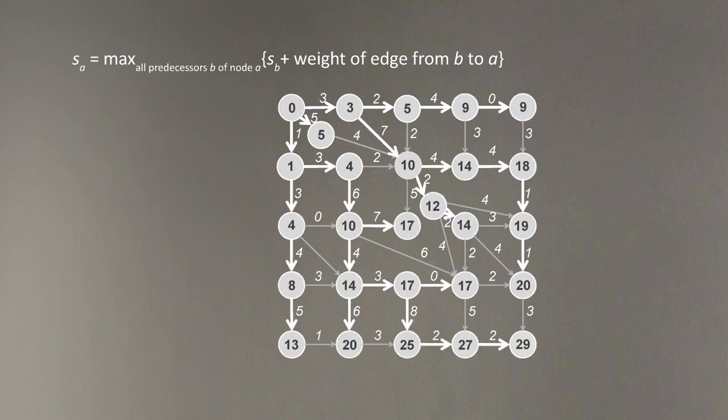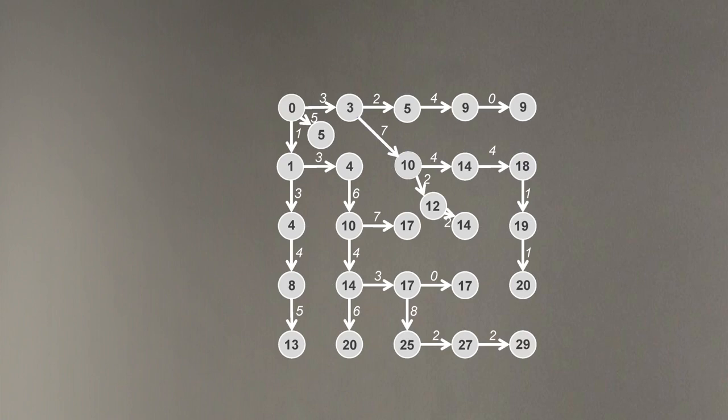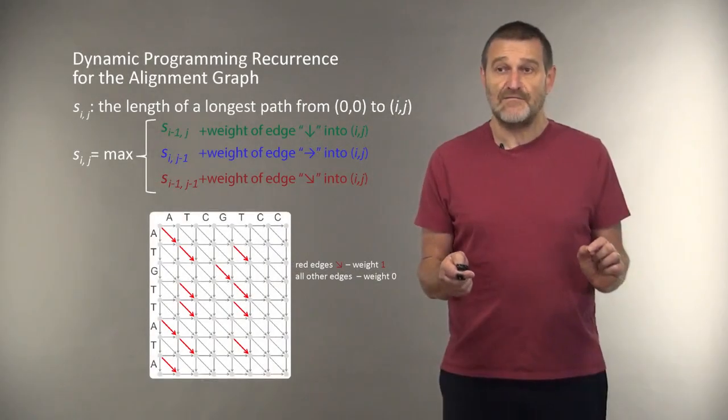We continue doing this, and in the end we will construct this graph with every node marked by the length of the longest path, and we will learn that the length of the longest path from the source to the sink is 29. And as before, we of course preserved the backtracking pointers, and that's why we will know how to move back in this graph and find the optimal path itself.